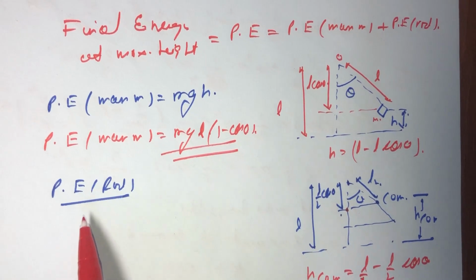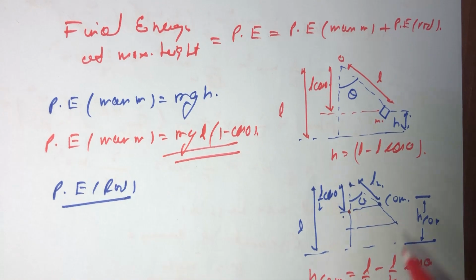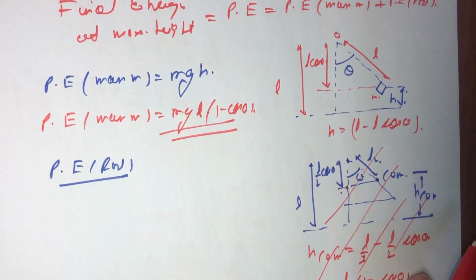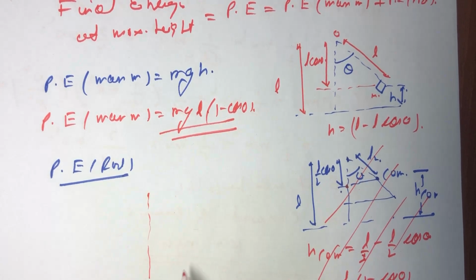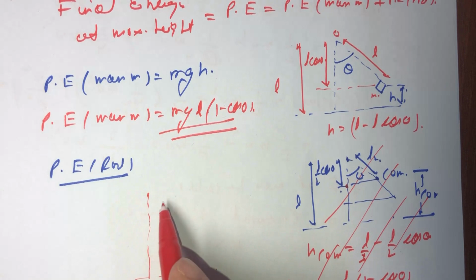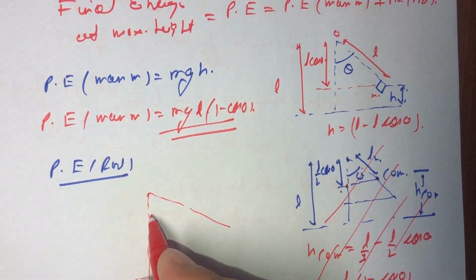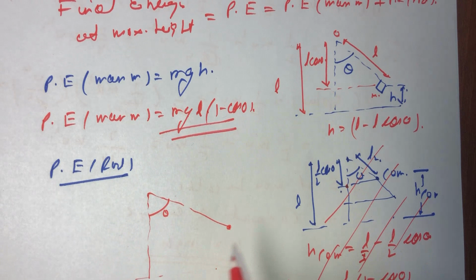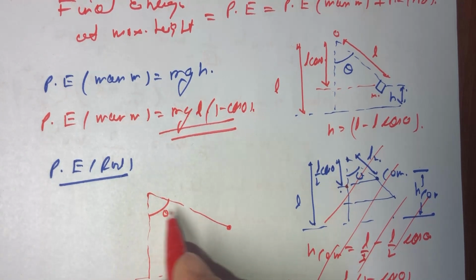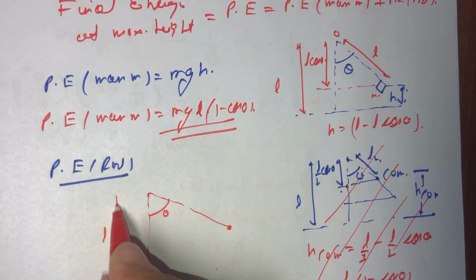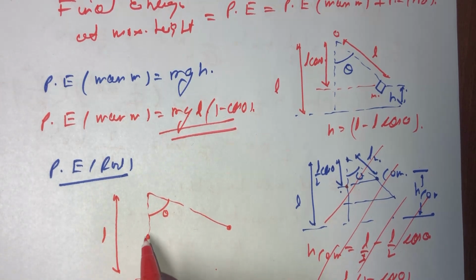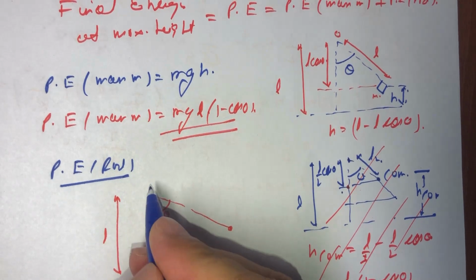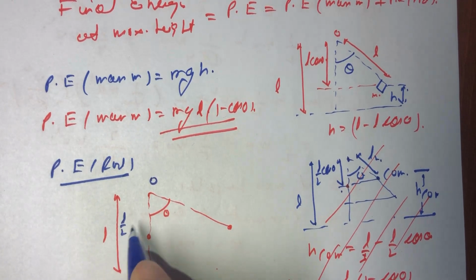For the potential energy for the rod, let me redraw the figure again. So this is our initial position of the rod, and this is the final position with angle theta, and the total length is given as L. So the center of mass is supposed to be somewhere here. The center of mass distance from point O will be equal to L by 2.